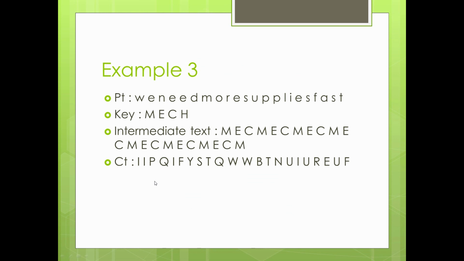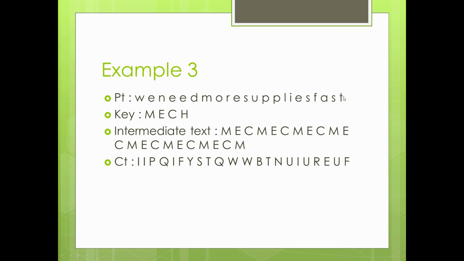So M is here, as you can see. So the first cipher element is I. So we have written I here.